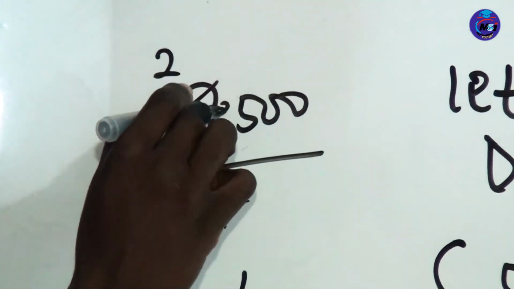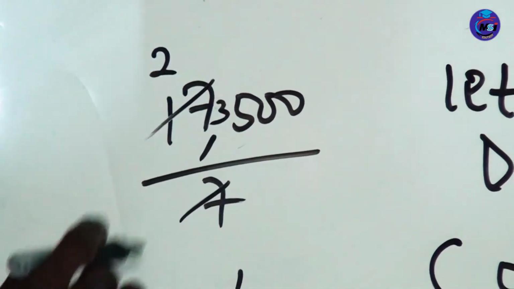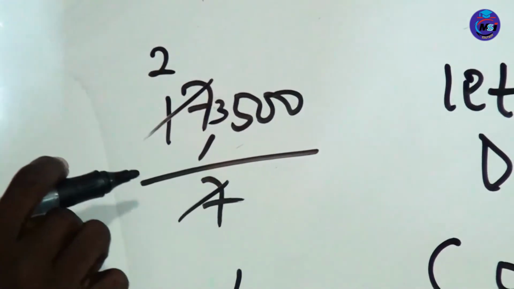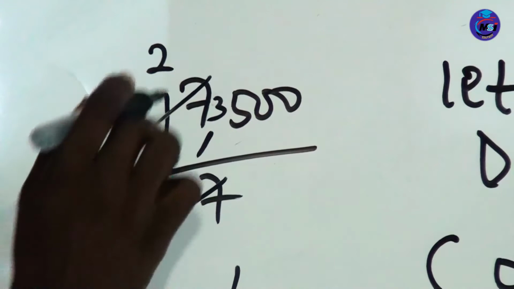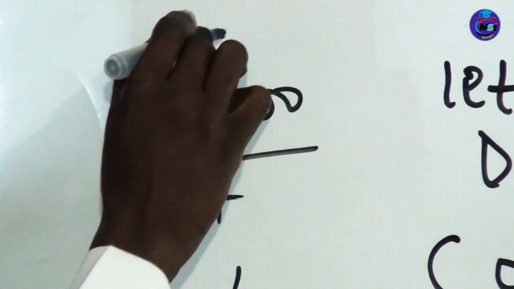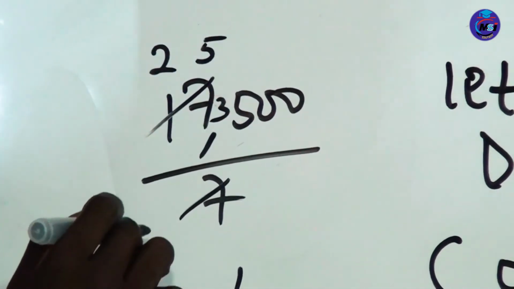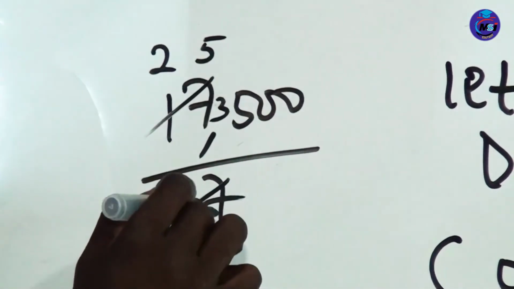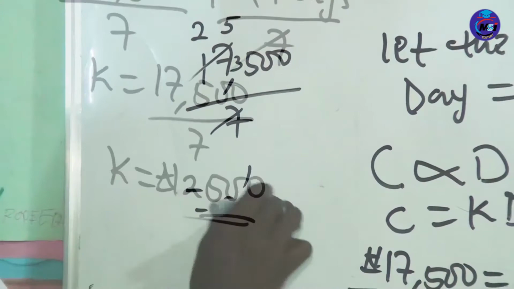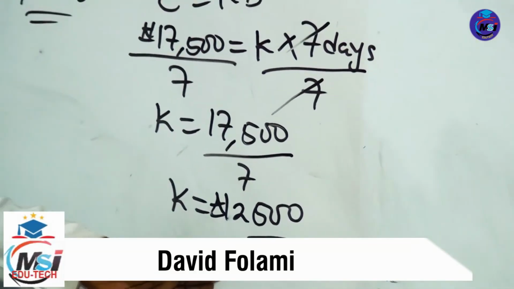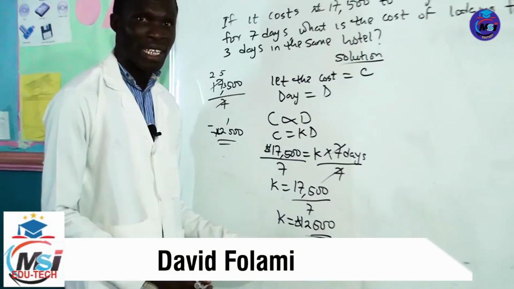Put the 3 here. 7 in 35. 7 times 5 gives us 35. So we have 5, then the remaining 0. So it's going to give us 2,500. But this is not our final answer.